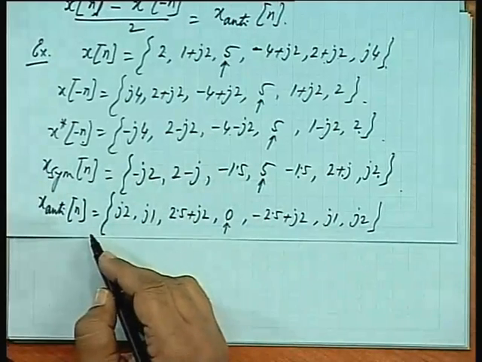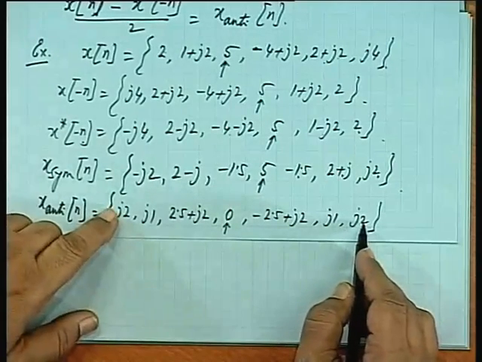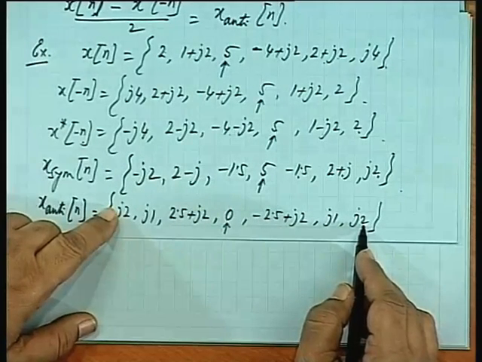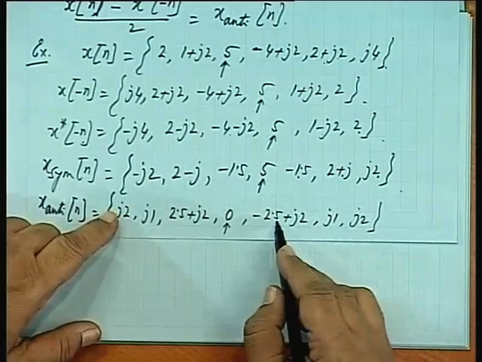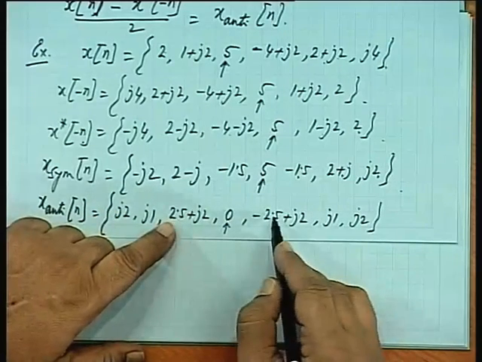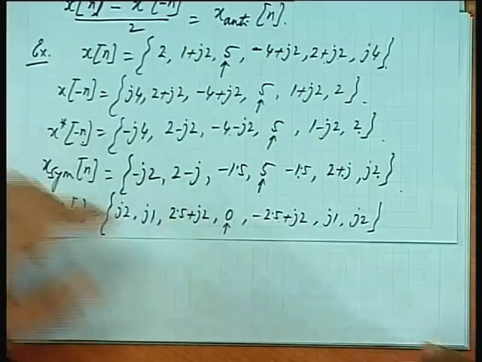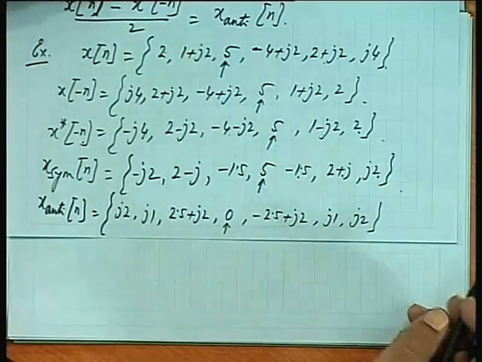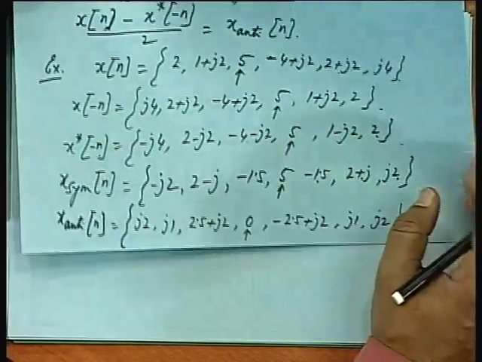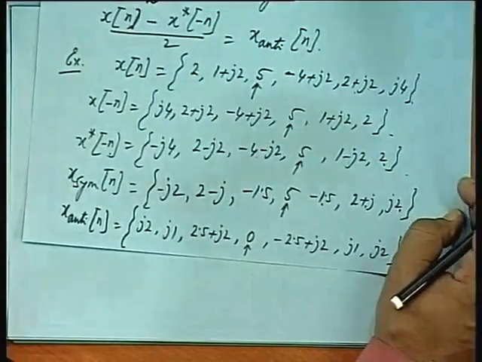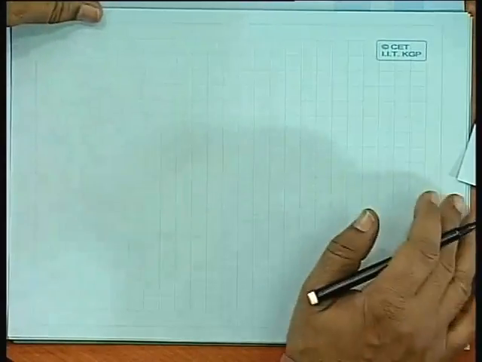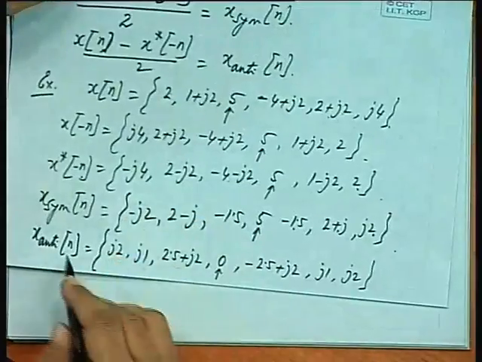In the antisymmetric component you will find the imaginary parts remain as they are, and it is the real part which will have opposite signs. Okay. Is this all right?